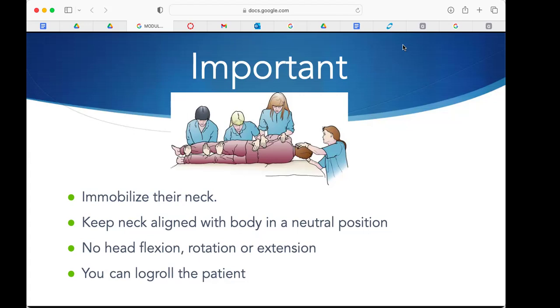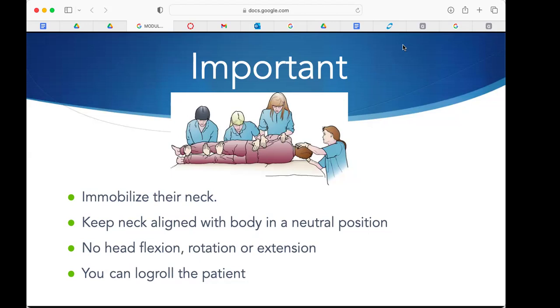So what is neck flexion or head flexion? Are you bending the head forward or backward? Flexion, I think it's backward.